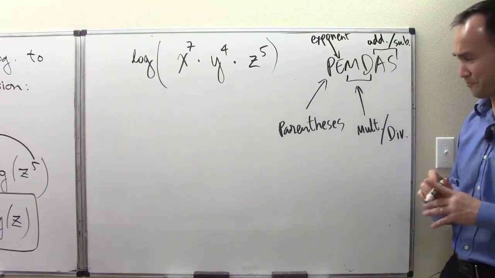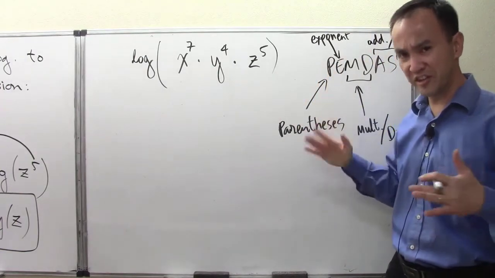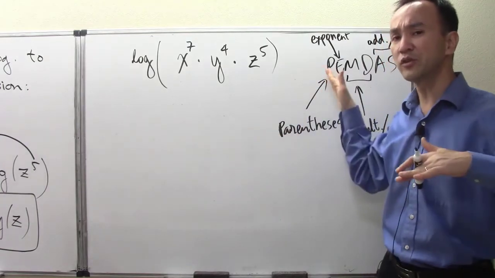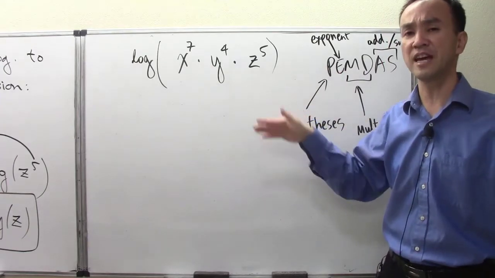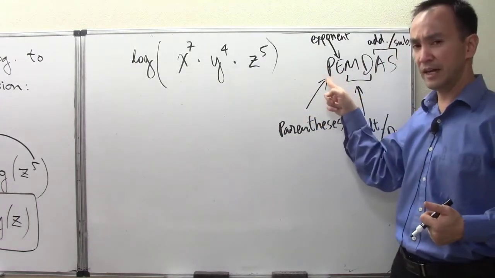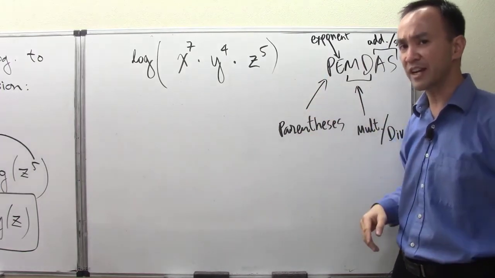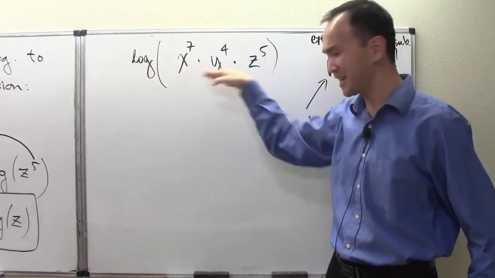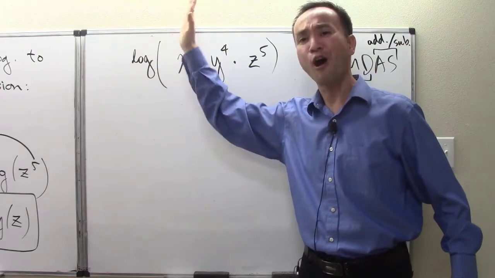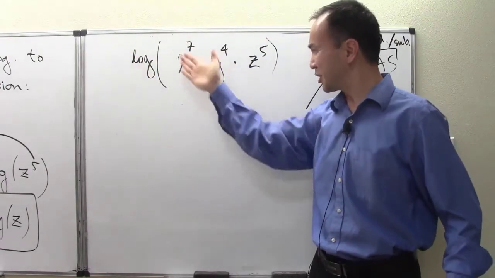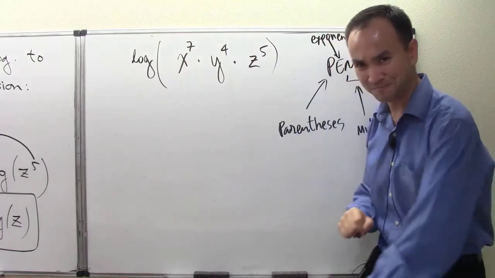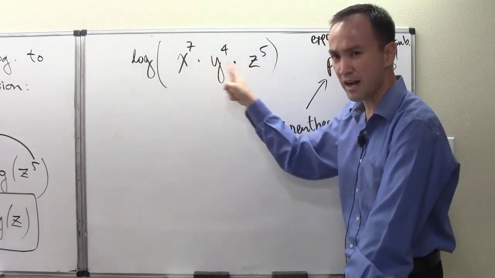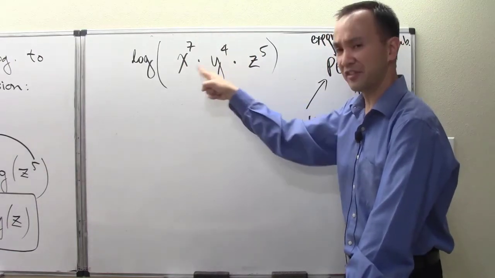Now, why do I mention order of operations, or PEMDAS for short? According to the way we've been introduced to PEMDAS since our first day in math, anything inside the parentheses we have to take care of first. Let's not worry about the log, and just focus inside the parentheses. What exists inside is a product and exponents, multiplications and exponents.